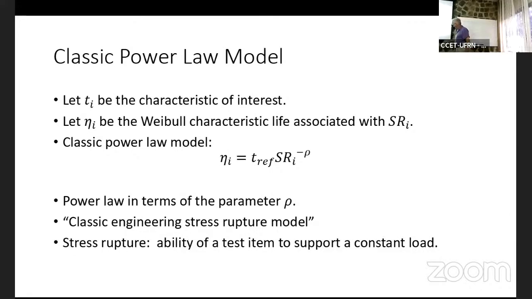And again, what we're testing is the ability of a test item to support a constant load. If you think about a mission, the pressure vessel should be at that load until it needs to be used, in which case it will go down. But that's the goal, to maintain the desired load. So far, so good? Next slide, please.